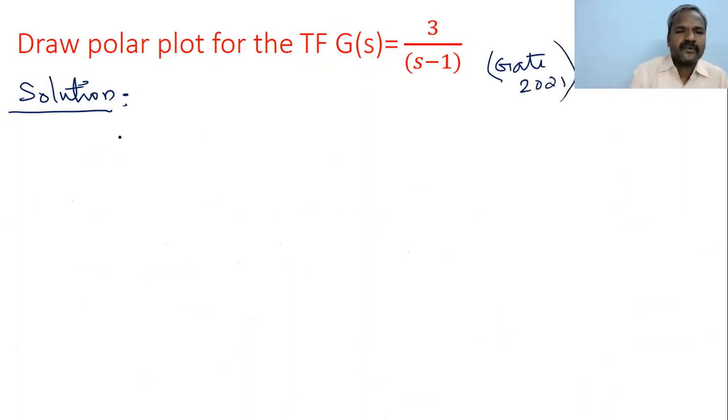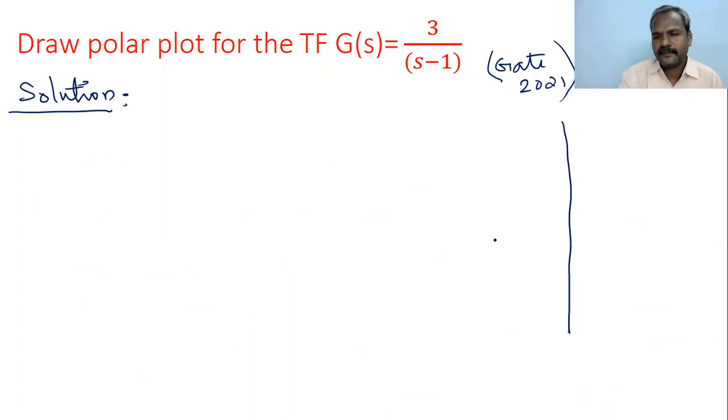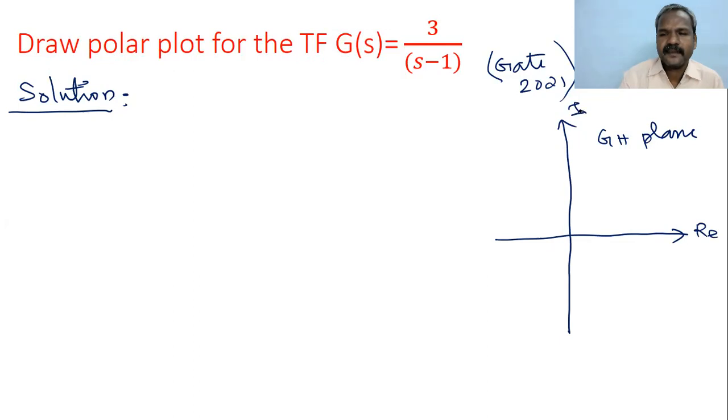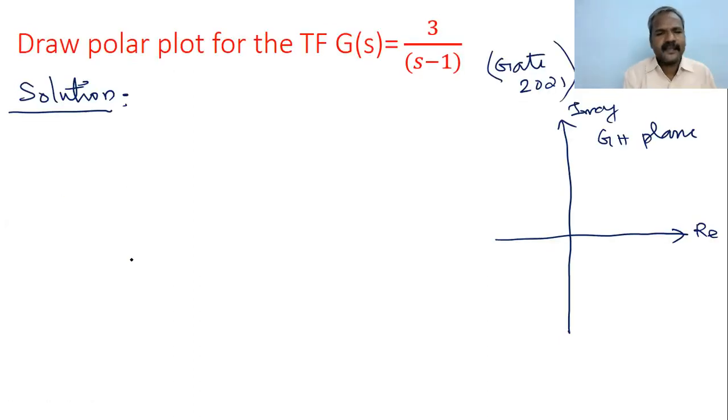First, to draw the polar plot, in the real and imaginary GH plane, that is the complex plane, let us first find the magnitude and phase angle.